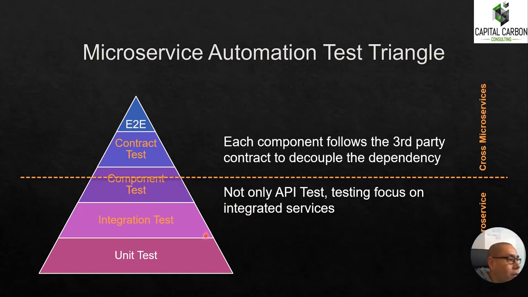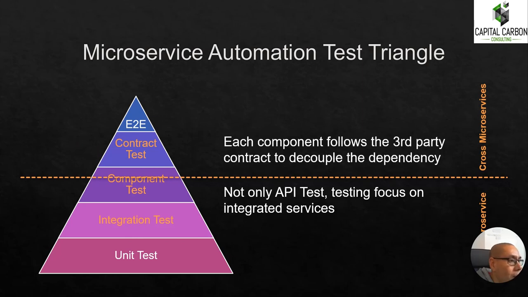Inside the microservice, the team will develop the integration test that will make sure all the functions of the microservice work. And they will also do the component test if multiple microservices are handled by the same team. For the cross microservices, we introduce a new layer, which is a contract test.